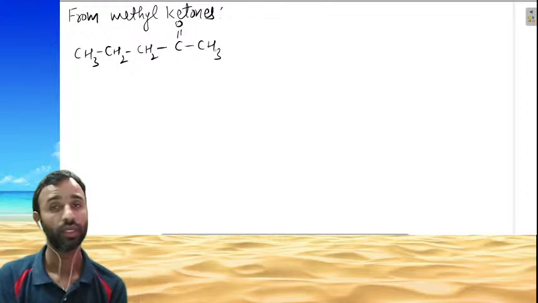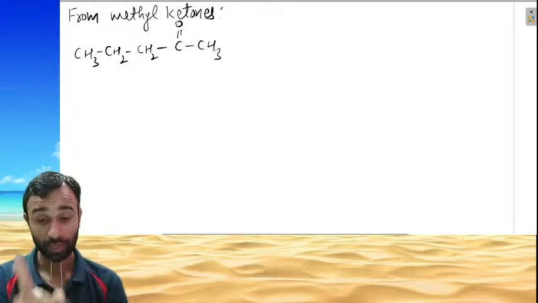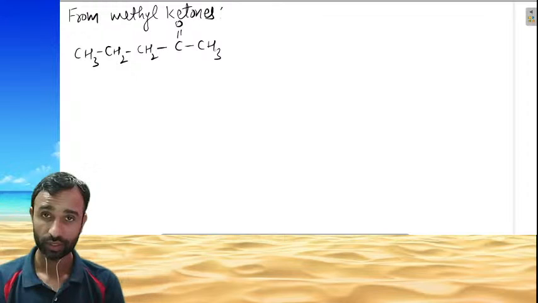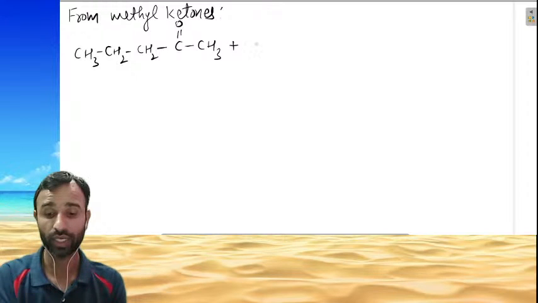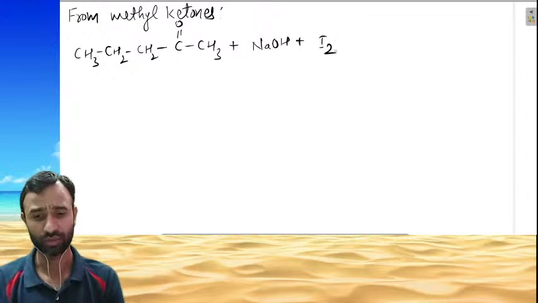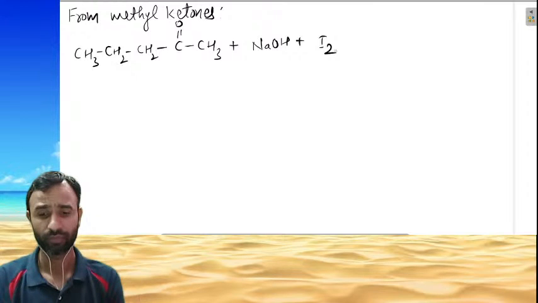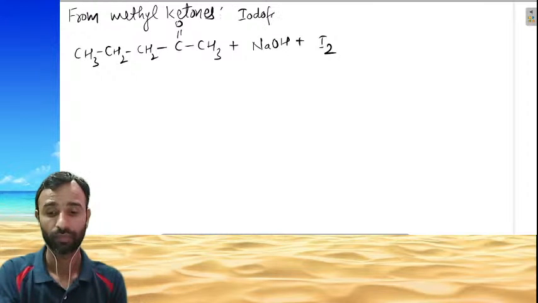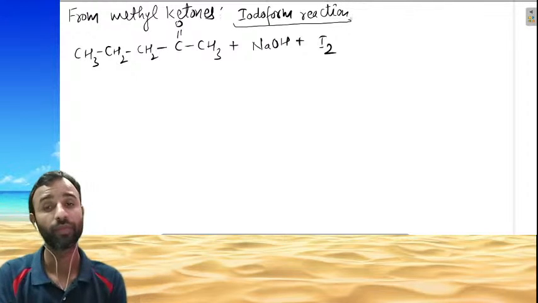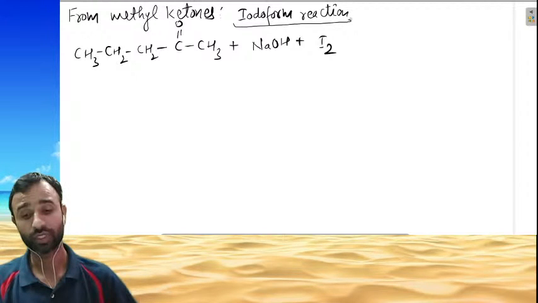This is methyl ketone. Only it is applicable to methyl ketones only. Methyl ketones, when treated with sodium hydroxide and halogen, take it iodine. Iodoform reaction, or simply it is haloform reaction.